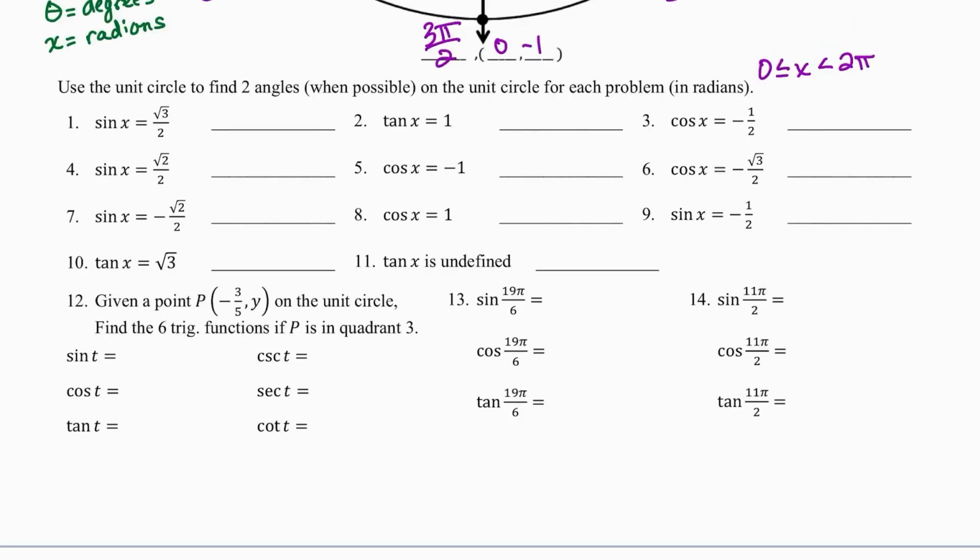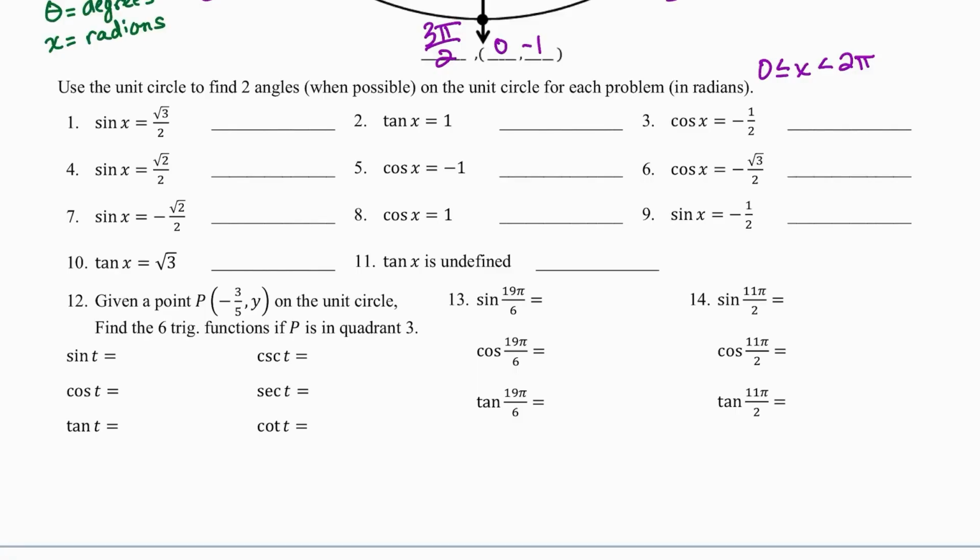All right, so how can I use the unit circle in radians in order to find two angles for a specific exact value? In most cases in this class, when you see the theta symbol, we're talking about degrees. If we're talking about x, it's usually radians, and I kind of wrote that here in my notes.